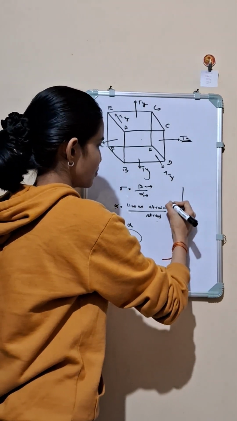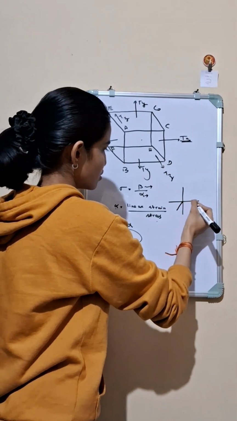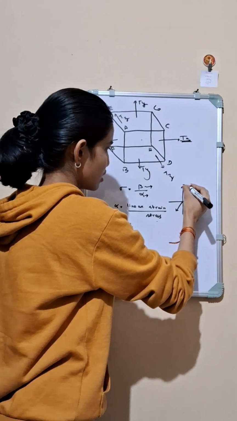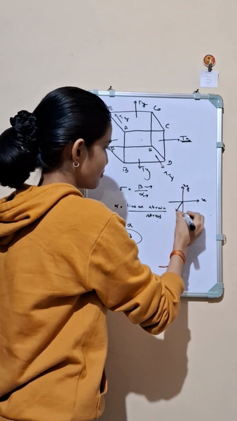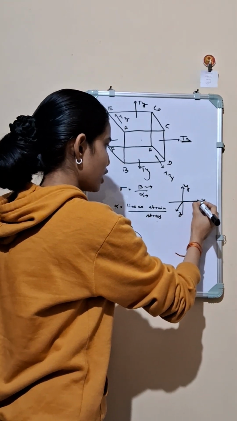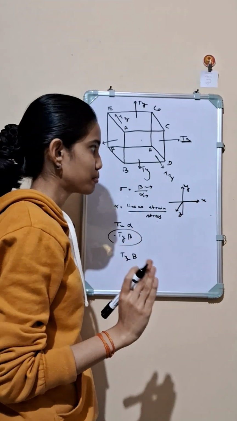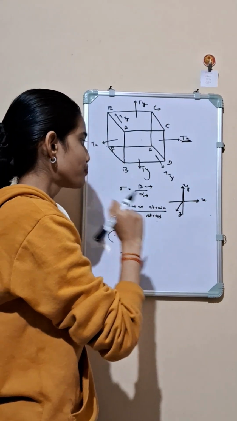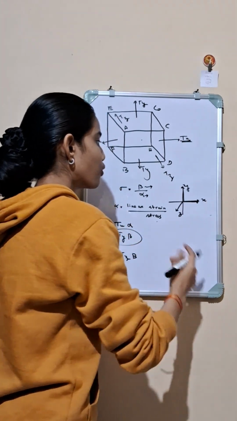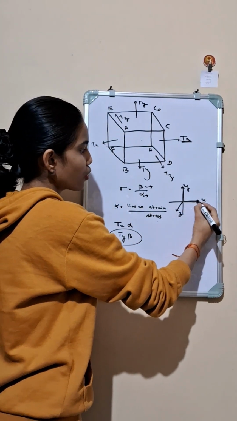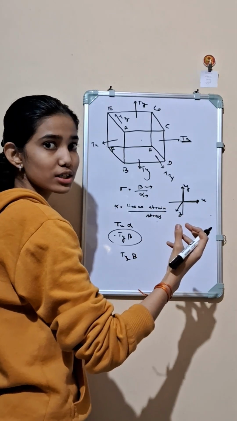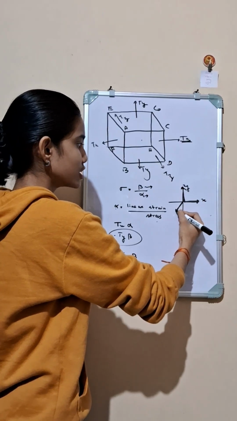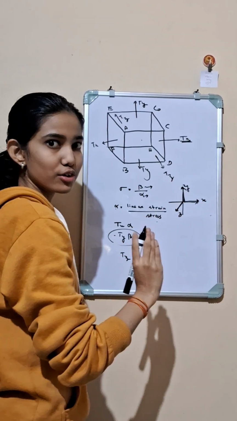Let me draw something so that it will look better. This is x, y, z. So along x, Tx is being applied, along y, Ty, and along z, Tz. The force applied along x axis will obviously increase the length along x axis, but that due to y will increase along y but decrease the length along z and x, because it is perpendicular to x and z.